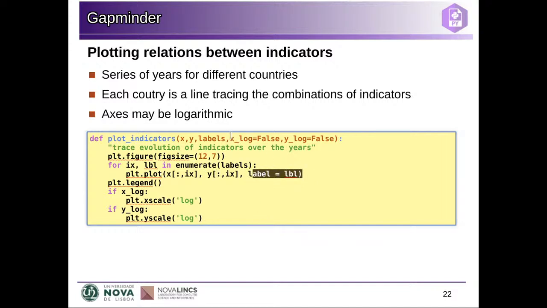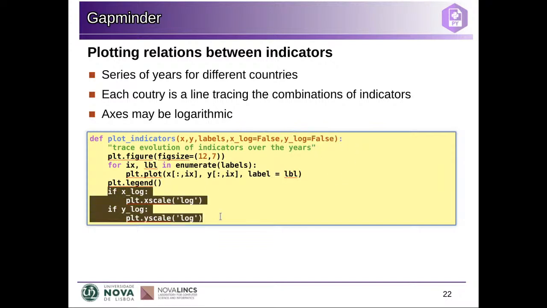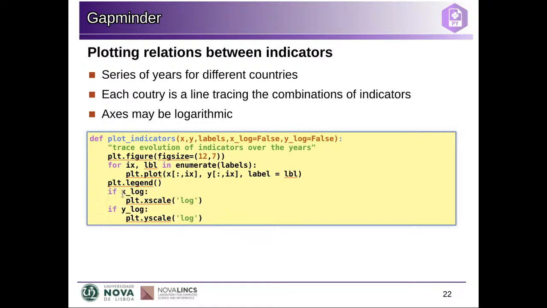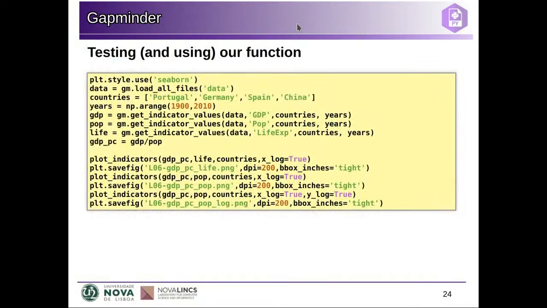Then we have these optional arguments to determine if you want the x axis or the y axis to be logarithmic. So we have plt x scale to set the scale of the x axis to logarithmic, or this one to set the y axis.